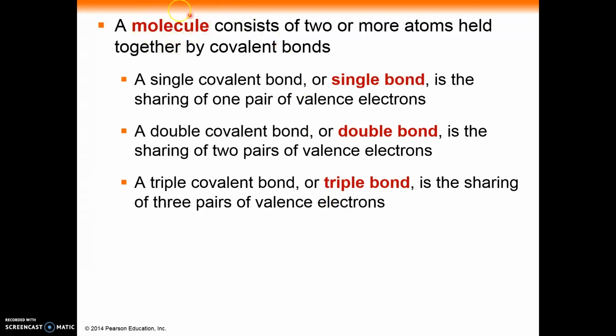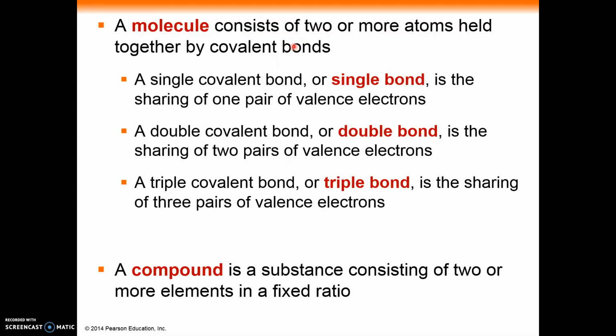Okay? So we have this word molecule, which is talking about two or more atoms being held together by covalent bonds. Okay? Now, if you recall, previously we used a similar type of term called compound. And a compound is a substance consisting of two or more elements in a fixed ratio.